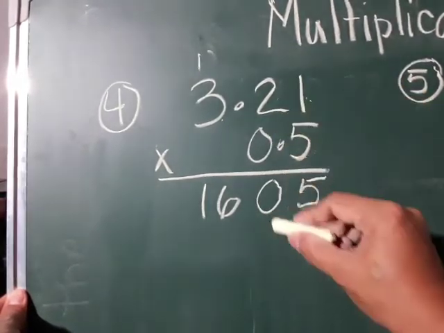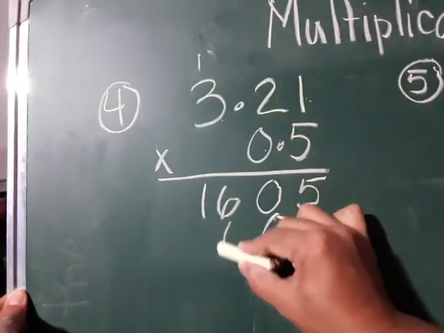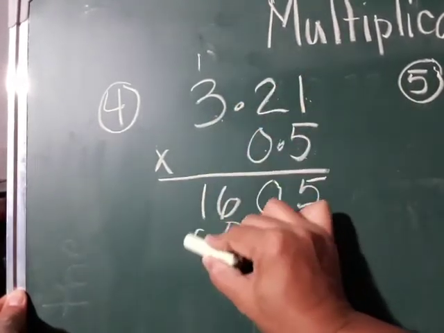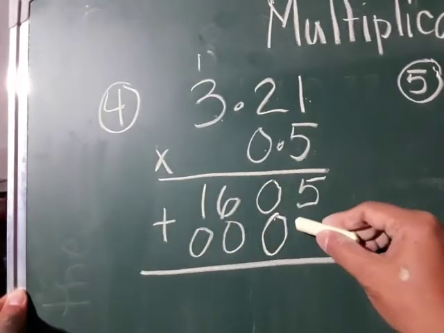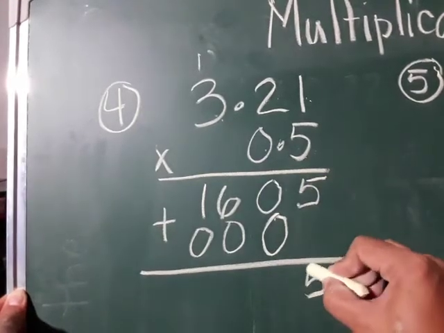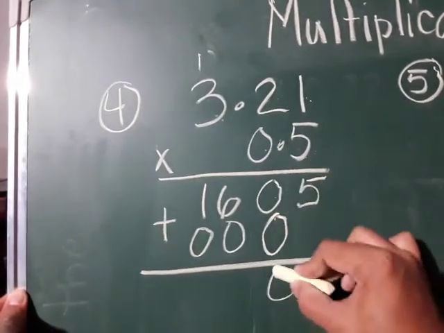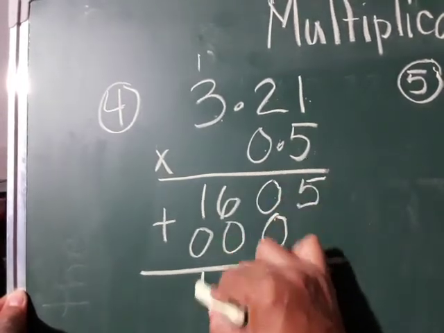Next, 0 times 1 is 0. 0 times 3 is 0. And then add. Don't forget, leave 1 space. So bring down 5. 0. 6 plus 0 is 6. 1 plus 0 is 1.